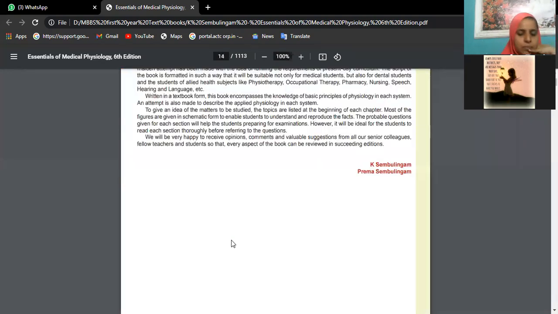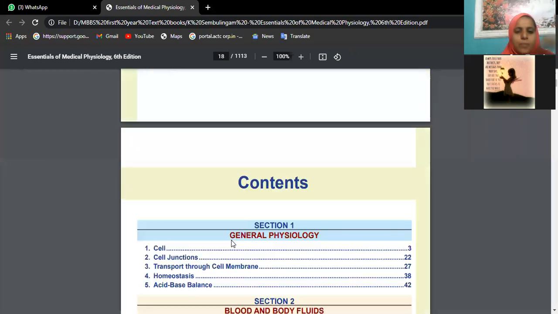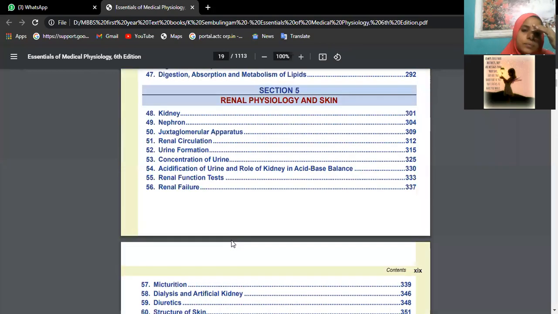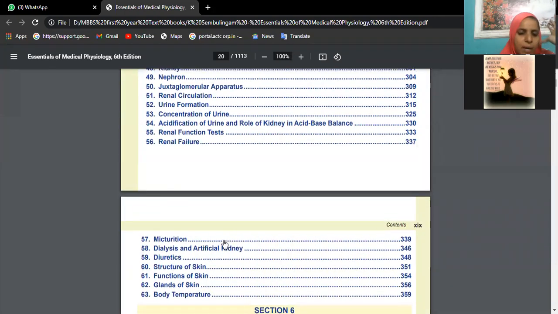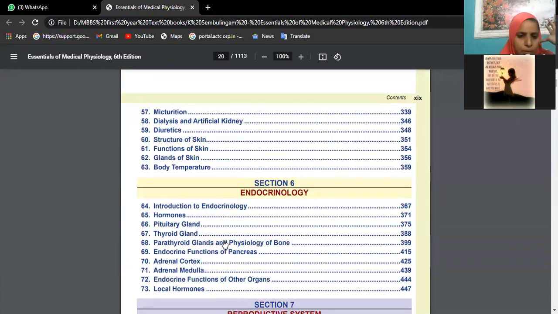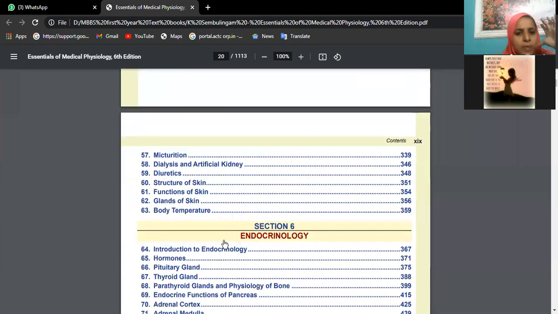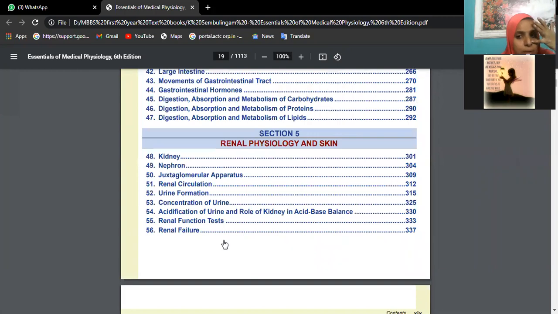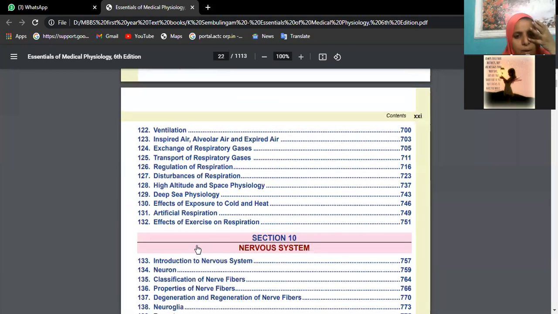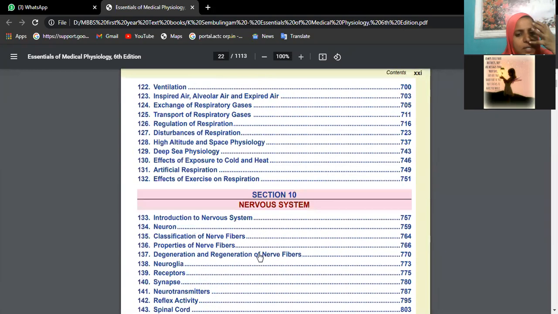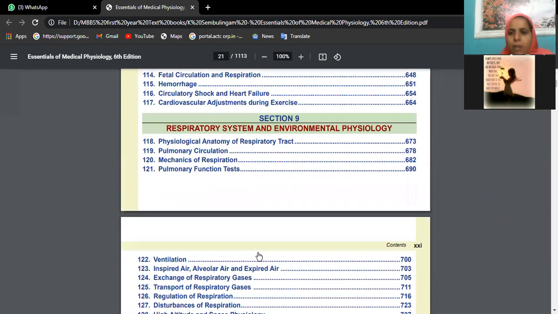Renal system. Innervation of urinary bladder. There is one picture. We will try to remember the page number. That is 333. After cardiovascular only we had respiratory and we have jumped. Okay, 673.